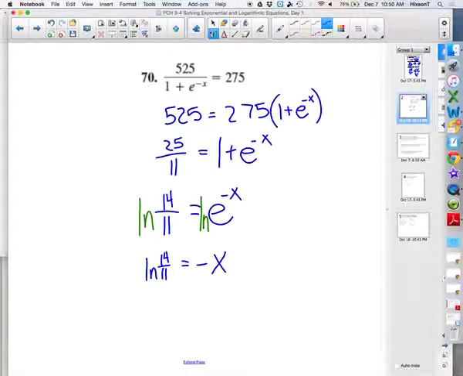So therefore, positive x would be negative, whatever that is. Negative 0.2411, or negative 0.24 if you're rounding to 10 thousandths. Alright, so negative 0.2411.